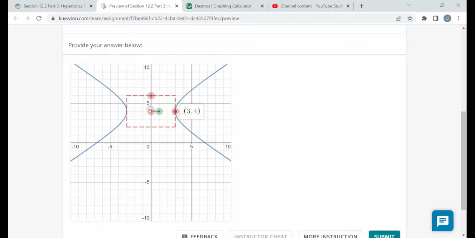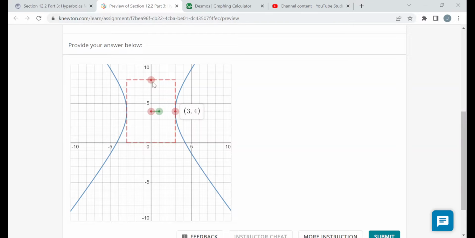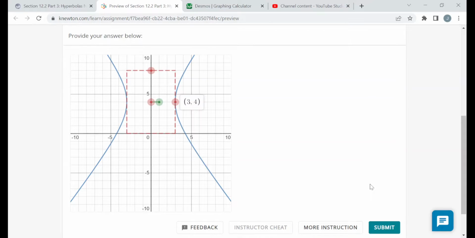And then the co-vertices, or the top and bottom of this box, have to be 4 units above and below the center. So here that was at 0, 8. And the other one would be at the origin, and this is looking like the picture I drew by hand, and also the picture you saw in Desmos.